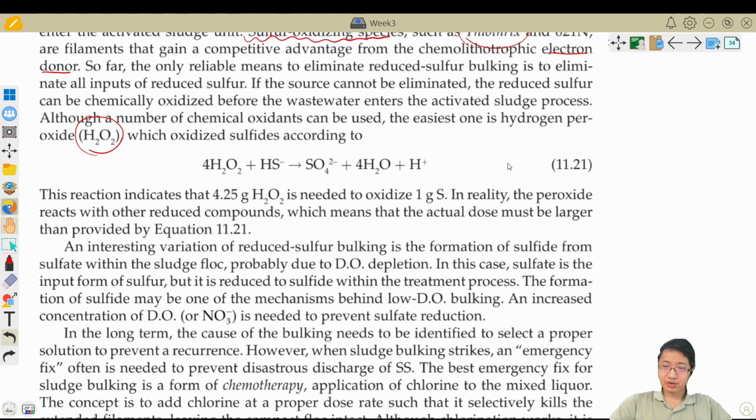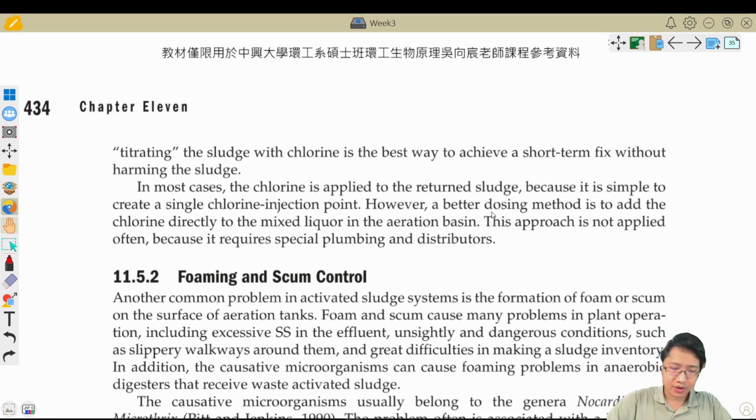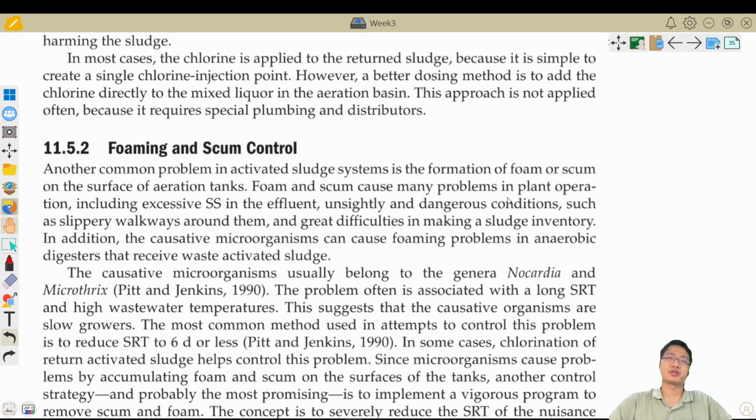Okay, so about section 11.5.2, we are talking about foaming. It is another issue that will cause your sludge to be unsettled, because there are lots of bubbles in your system because of the foaming.